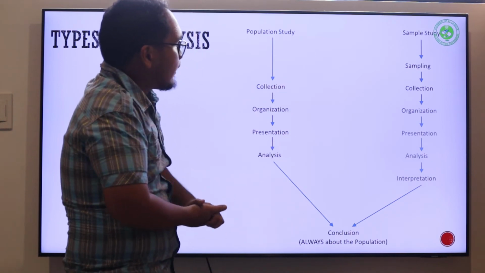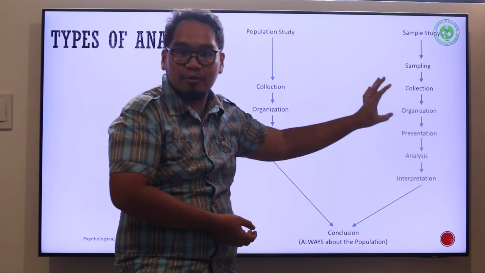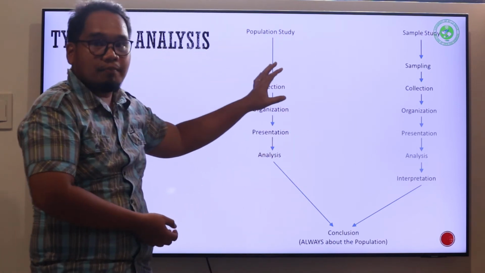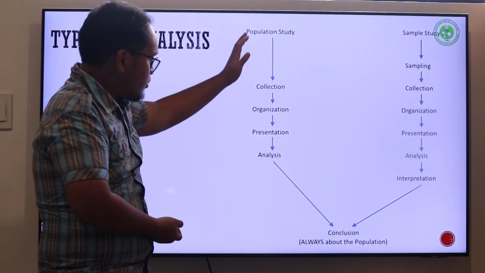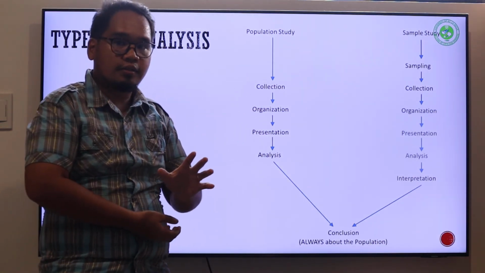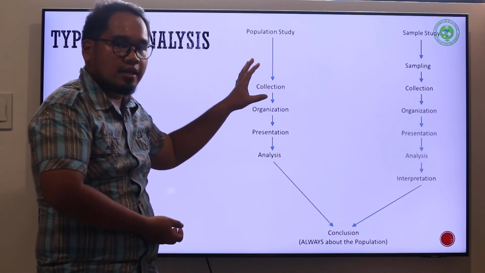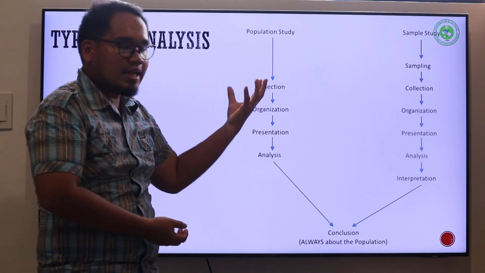Hence, that's why we apply inferential statistics in a sample study. We will not apply inferential statistics in the population study, especially when you're doing a census, because the results here are straightforward. You have the data of everybody. You don't need to infer because you have everybody's data.